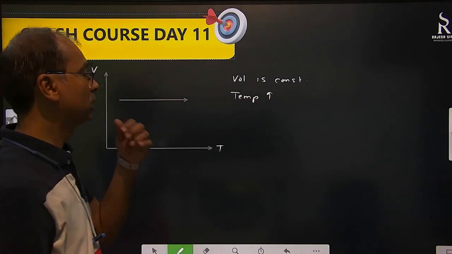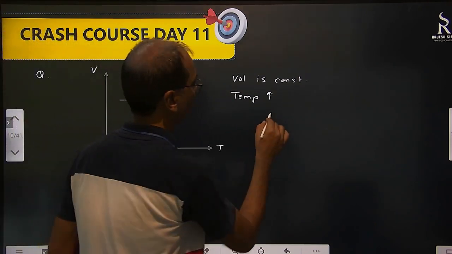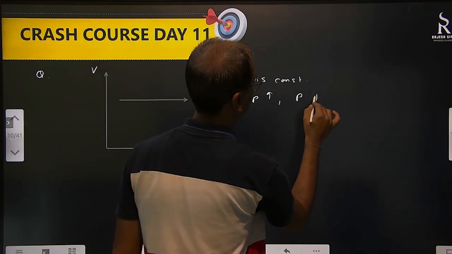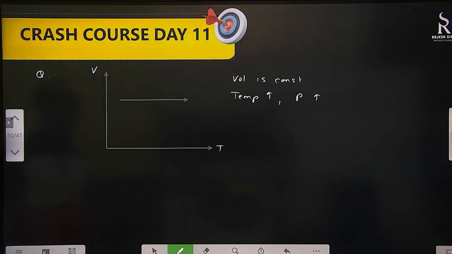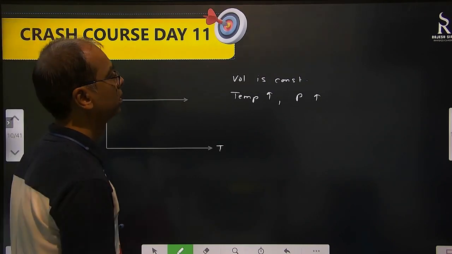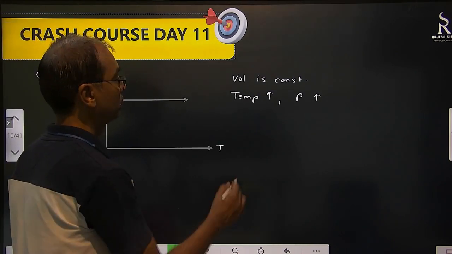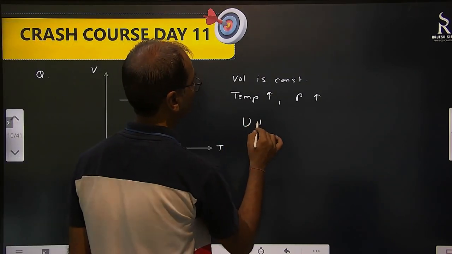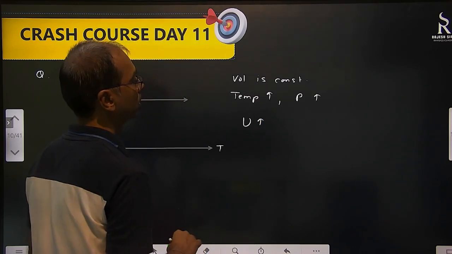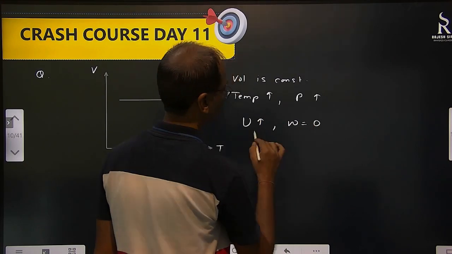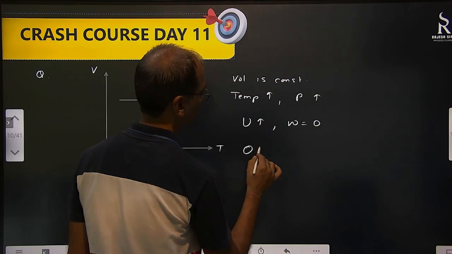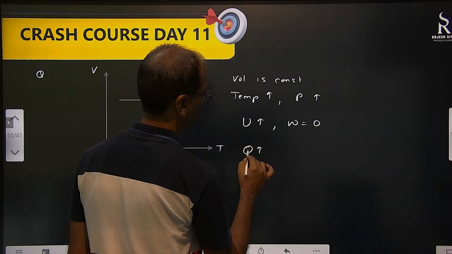Now when volume is constant, temperature going up means pressure also goes up, because when volume is constant, pressure is directly proportional to temperature. What can we say? U is going up, internal energy is going up, work is 0 because volume is constant. So that means Q is also added.